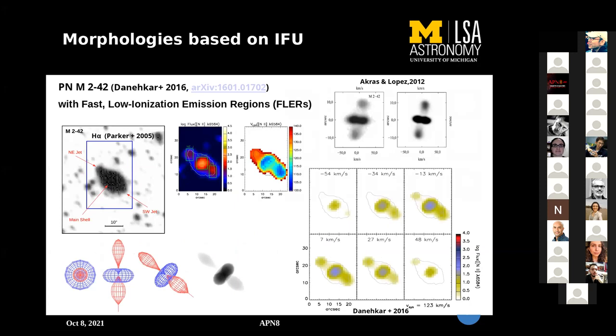What we found is that the extended knots and extended low-ionization structures have the features of fast low-ionization emission regions. They show low ionization in [N II]. Another thing we saw in the IFU observation is that the south jet has a smaller size than the north jet, which is related to interaction with the ISM. There is also a low-ionization and excitation mapping, which shows there is some shock excitation in the southern regions.